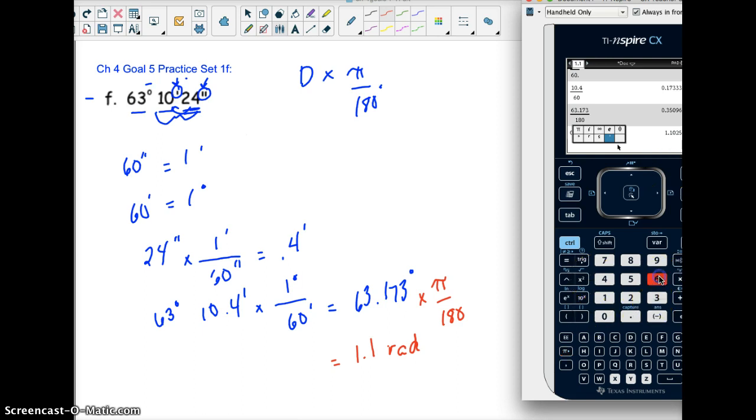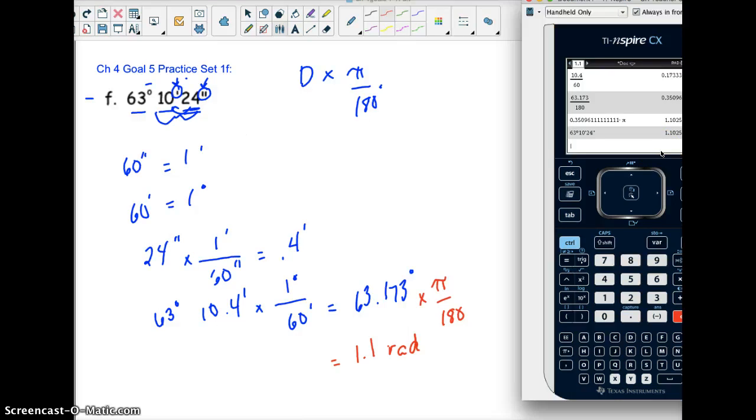So we'll begin by typing in 63 and then degrees, 10, and I'll go to the drop-down menu again, and minutes, and then 24 seconds. So I have to use the apostrophe symbol twice for 24 seconds. And then press Control Enter. And actually that converted it directly to radians for us. And that's probably because my calculator mode is set to radians.